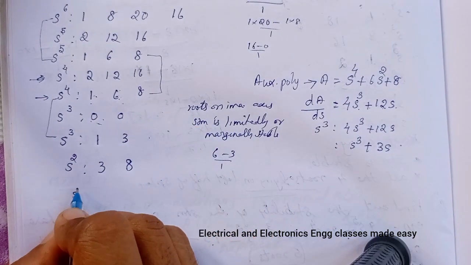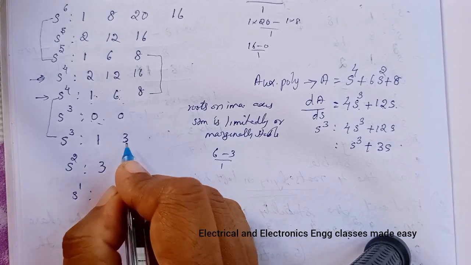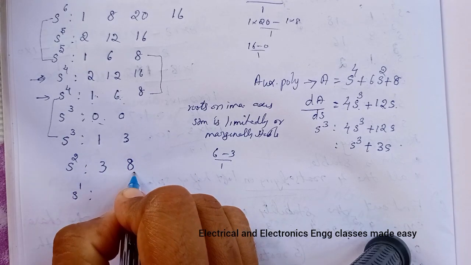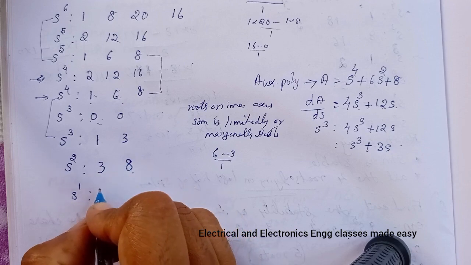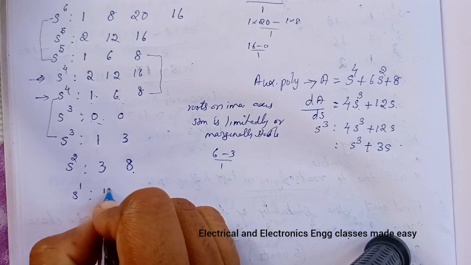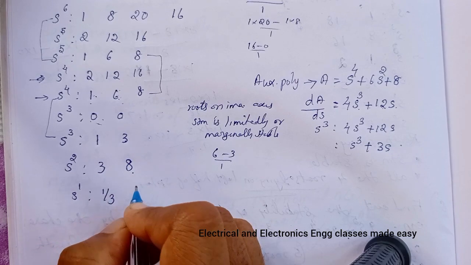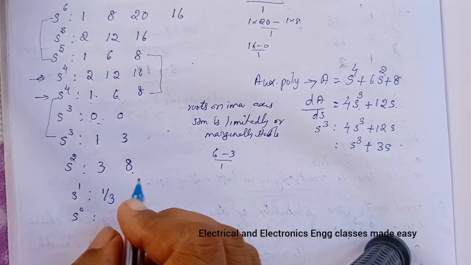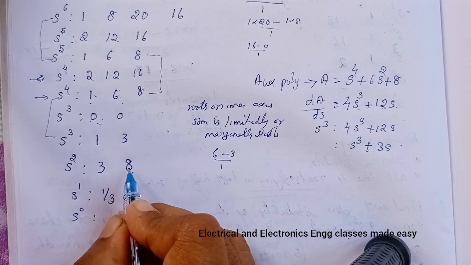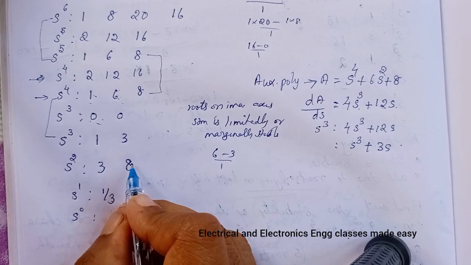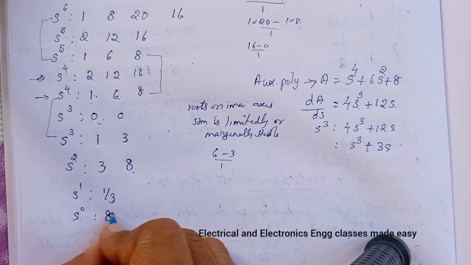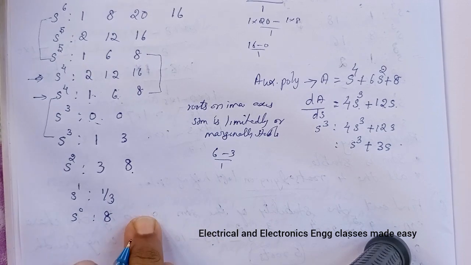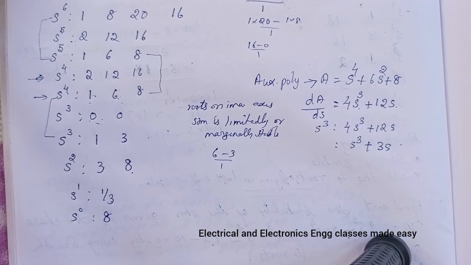Next is s raised to 1, that is 3 into 3, 9 minus 8 is 1 by 3, that is 1 divided by 3. Next is 0. Next is s raised to 0, that is 1 by 3 into 8, so we get 8 here. So this is the Routh array.